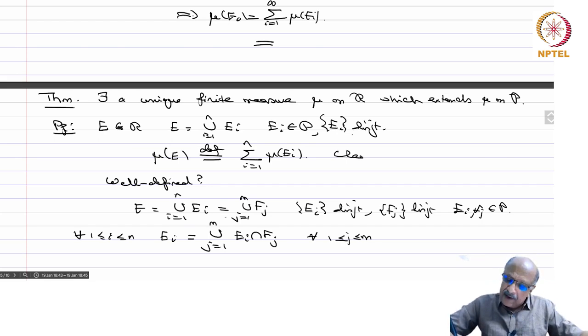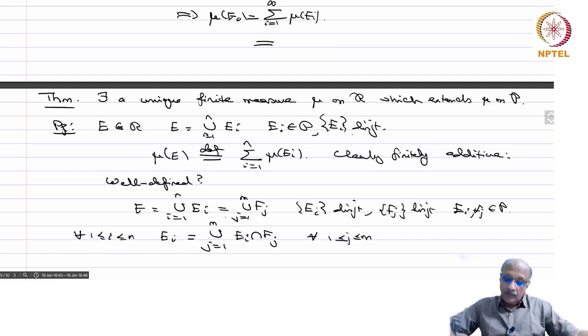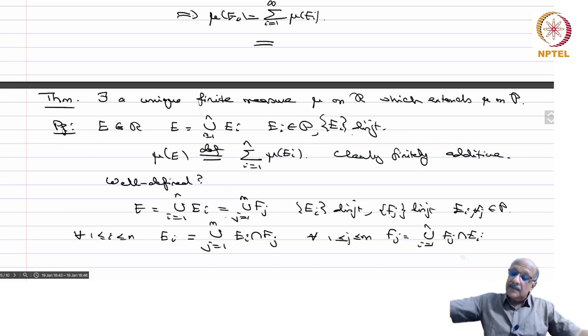So this is clearly finitely additive, because you put together a finite number of disjoint finite unions, so the sums will just add up.